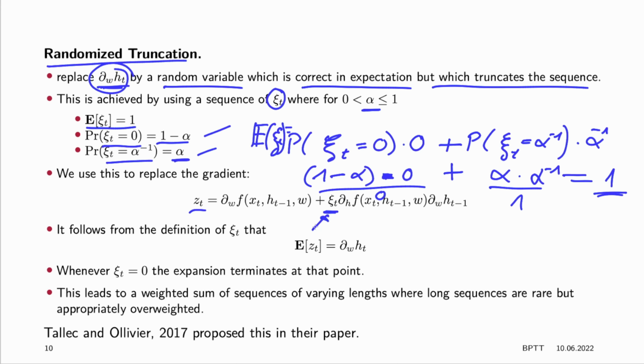Well, we multiplied this random variable ξ_t to the right side of the sum in h_t. If we didn't have this ξ_t here, this would be the same thing as writing down our prior equation for the gradient of h_t with respect to w. But this ξ_t can, with a probability of 1 minus alpha, be 0, in which case this whole term becomes 0. And with a probability of alpha, it becomes 1 divided by alpha, so a value larger than 1.